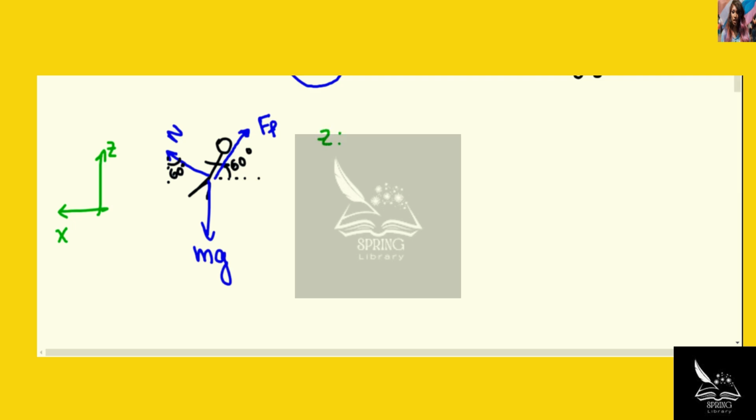So in the z component, the forces are n times the cosine of 60 plus f times the sine of 60 minus mg is equal to 0. Instead of writing like this, I'm going to sum mg on both sides.